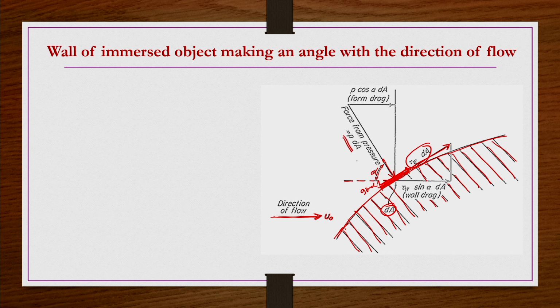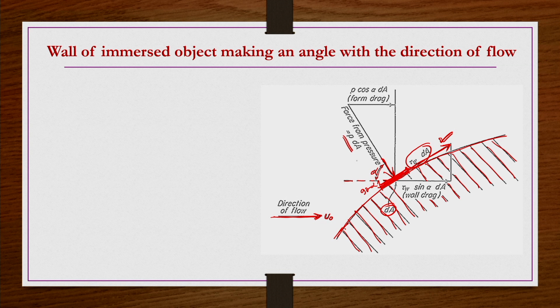The pressure force on this element acts normal to the element, whereas the shearing force works along the surface. But we need their components in the flow direction. Drag is the force exerted by the fluid on the solid object in the flow direction.